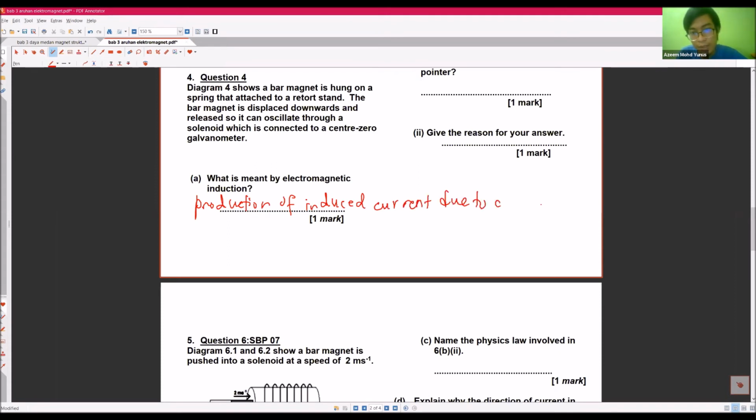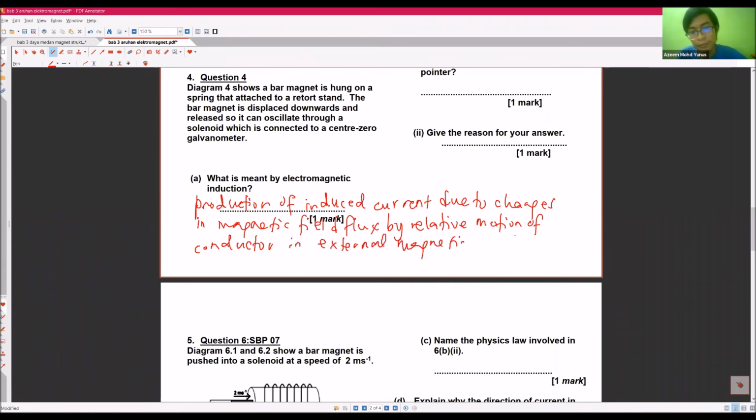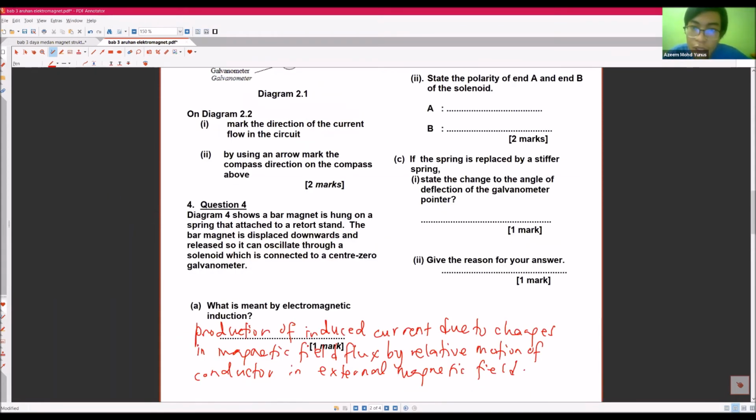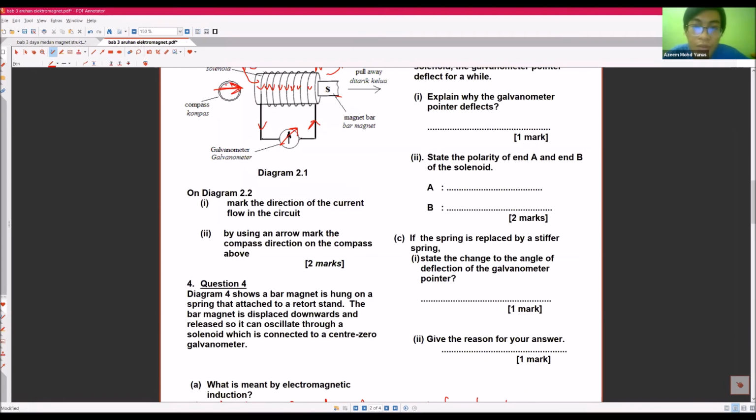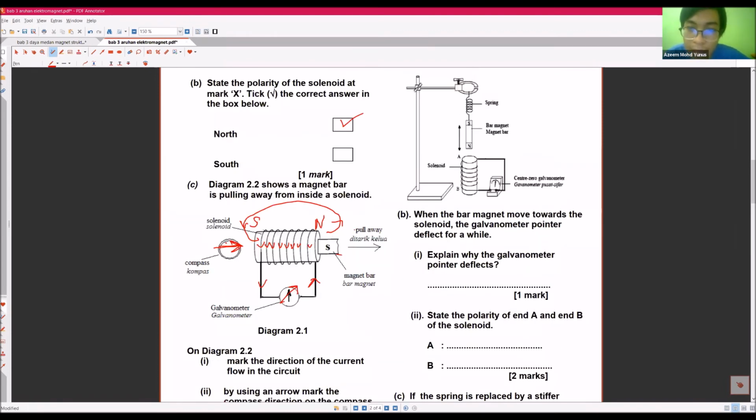The production of induced current by changes in magnetic field, by relative motion of a conductor in a magnetic field. Okay, so that is what is meant by electromagnetic induction. You can also replace current with induced current.